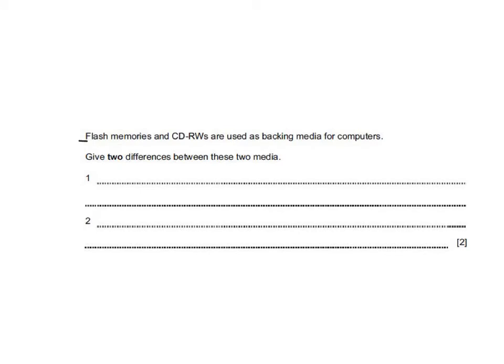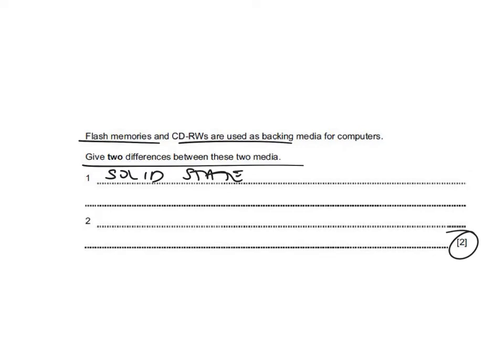CDRWs, back-end media and flash memories for computers give two differences. So this one we can just state things. So flash memory, so we've got solid state versus optical. The CD requires a drive, as in it gets a CD drive to read it.